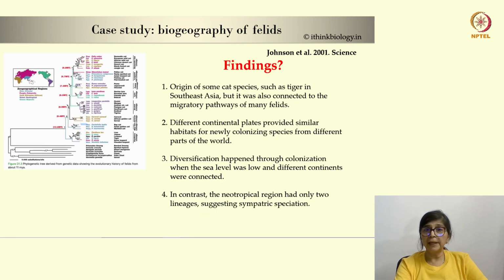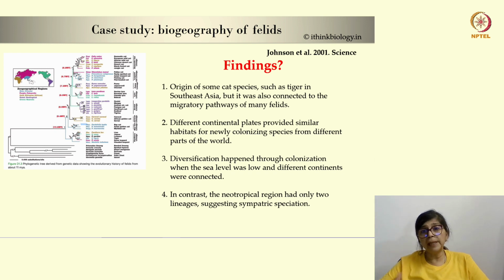And these were their findings. Origin of some cat species such as tiger happened in the Southeast Asian region, but India also has such biodiversity because it was connected to the migratory pathways of many of these felines. Okay, so it came, settled, and then it again moved into different continents, but it diverged even within our Southeast Asian region.